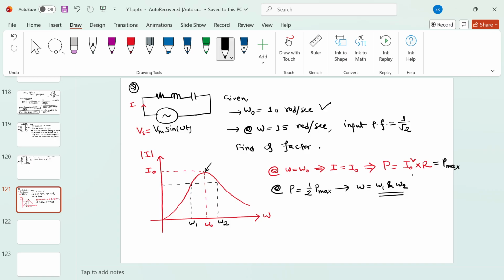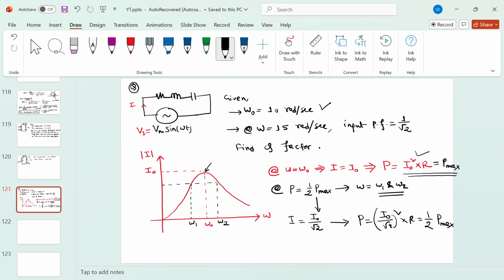So you have this relationship: P max is equal to I naught square into R. Now tell me, at what condition does the power become half of the P max? If your I becomes I naught by root 2, then your power will become (I naught by root 2) square into R, that is half of the P max.